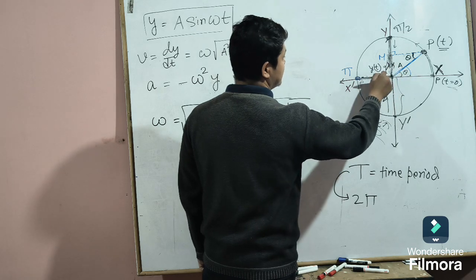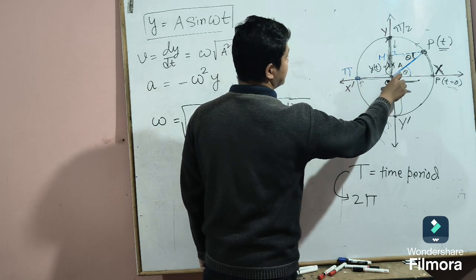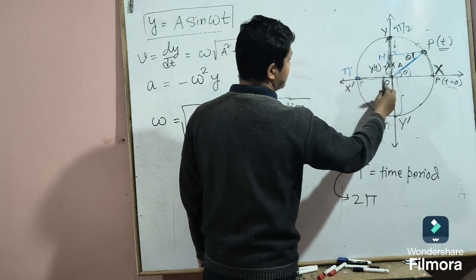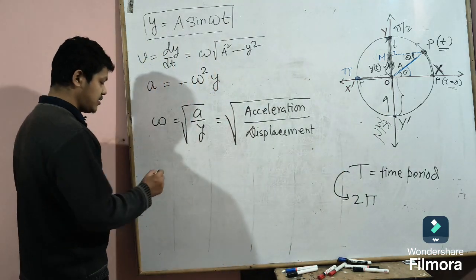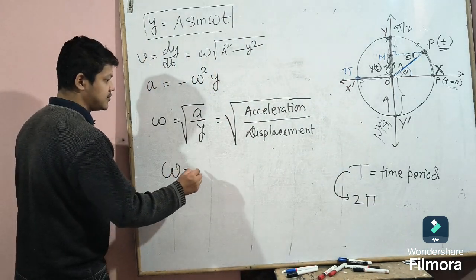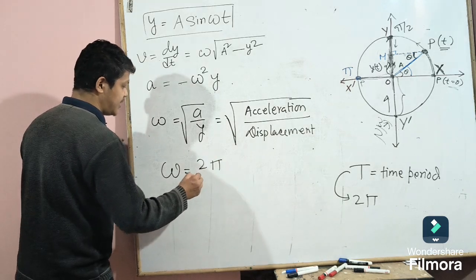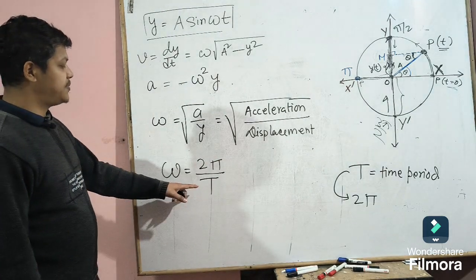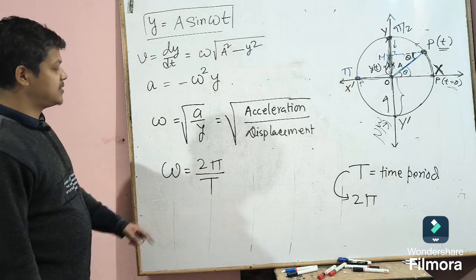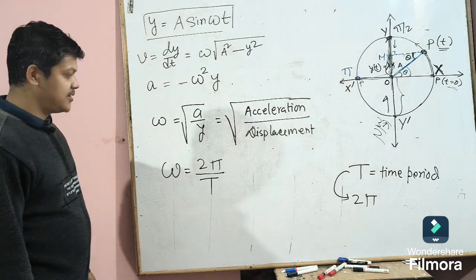The angle subtended by this complete circle at the center is 2 pi. So in that case, omega is equal to 2 pi by T. So in time T, if it completes one cycle, then that will be 2 pi by T.